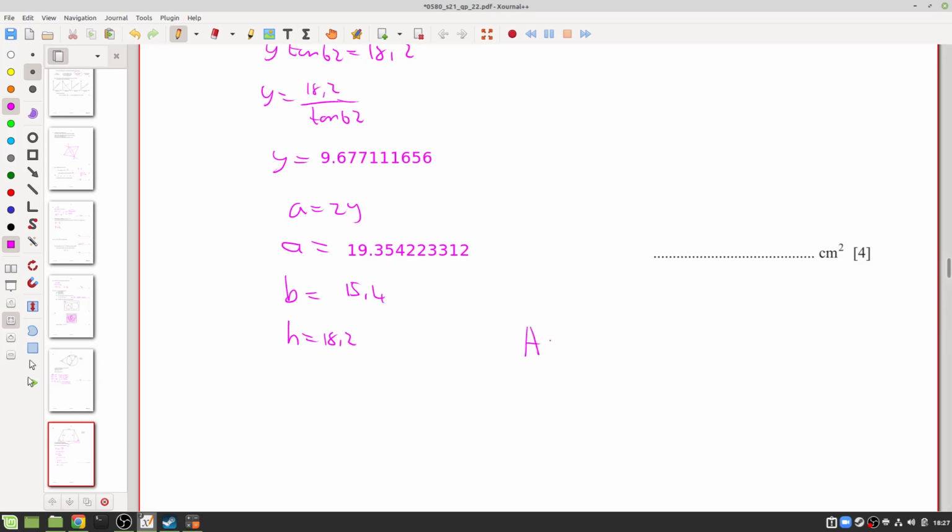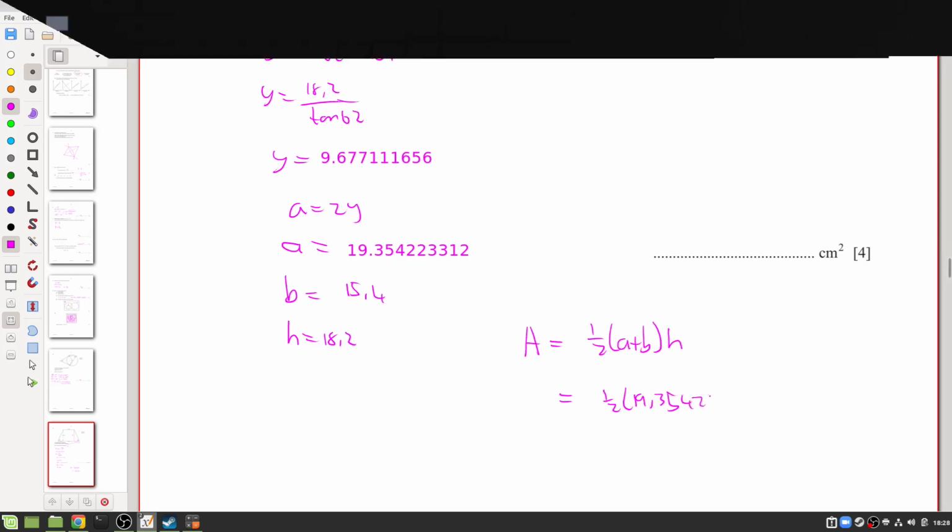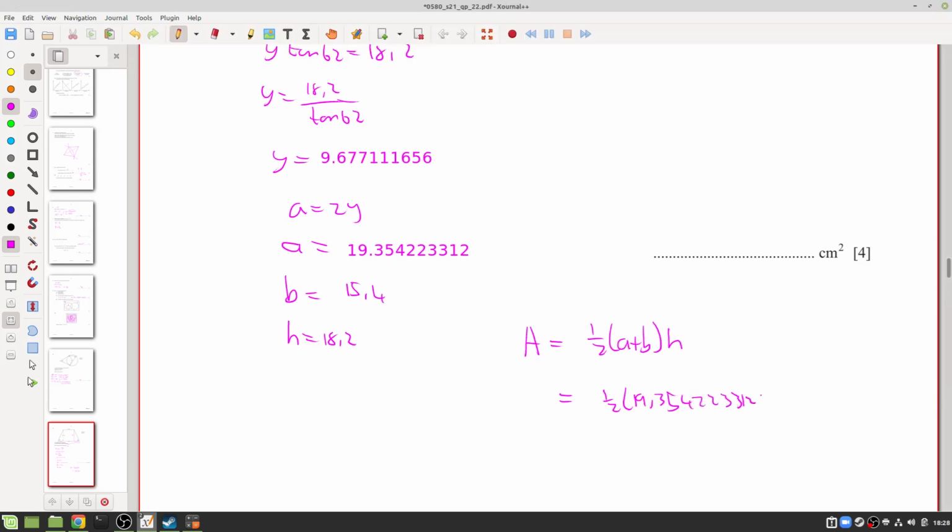So the area of a trapezium is half of the sum of the parallel sides, which is a and b, times the perpendicular height, which is h. Here we've got a half, and then a. So let's just do a couple of those digits: 19.354223312 plus 15.4 times 18.2.